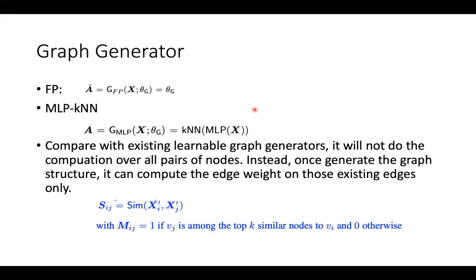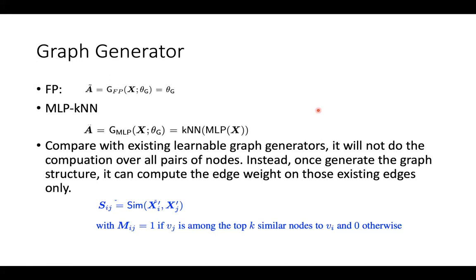So essentially, compared with existing learnable graph generators, it will not do the computation over all pairs of nodes. Instead, once it generates the graph structure, it can compute the edge weight on those existing edges only.